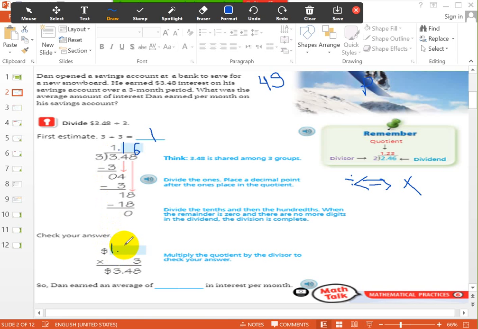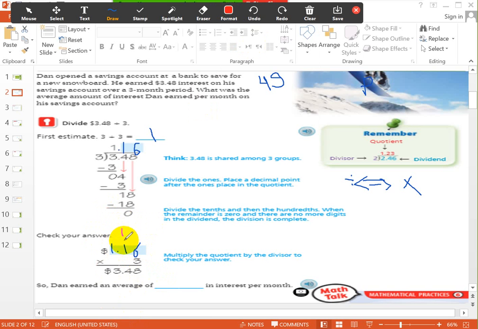So here I have to multiply 1.16 by 3. So 3 multiplied by 6 equals what? Equals 18. So I will put 8 here and 1 above the next digit. Now 3 multiplied by 1 equals 3.